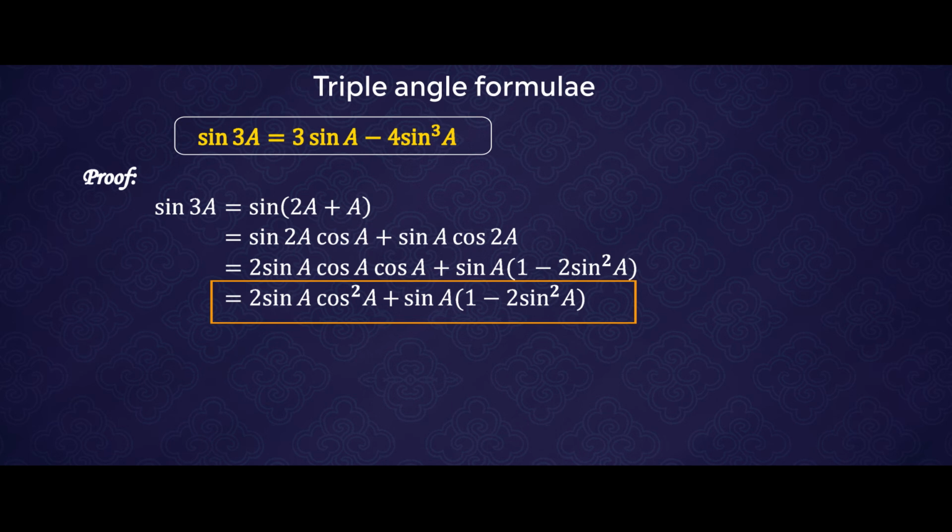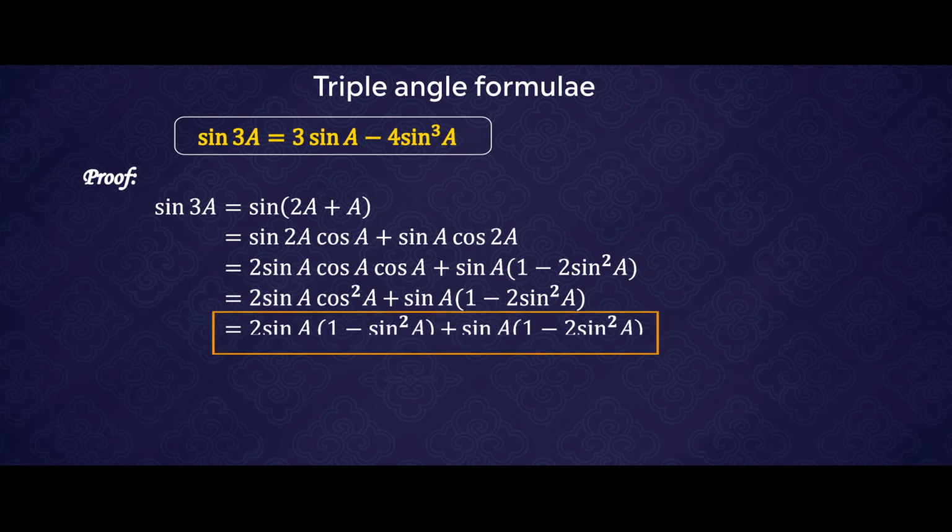And then from here we have 2 sine a, and what is cos square a? It is 1 minus sine square a. We learnt this in the previous content that talks about the square relations. Then plus sine a times 1 minus 2 sine square a.